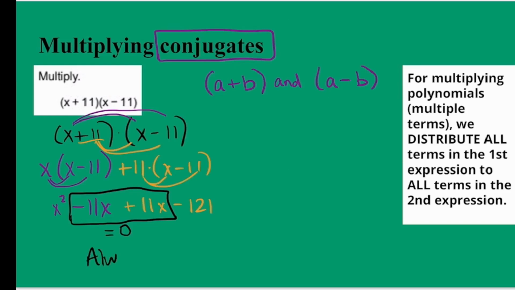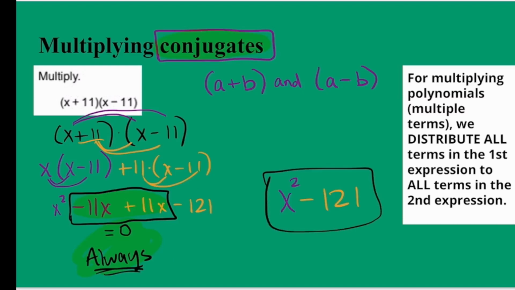This will always work. If you have conjugates that you are multiplying, these middle terms will always give you 0 every time. So if that's 0, then they're gone, which means your answer is just x squared minus 121. That would be your final answer.